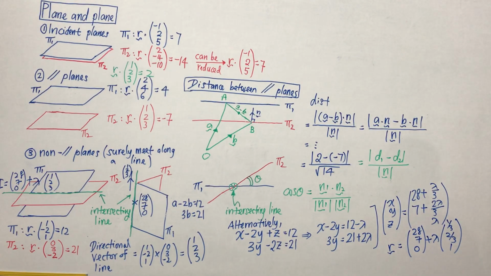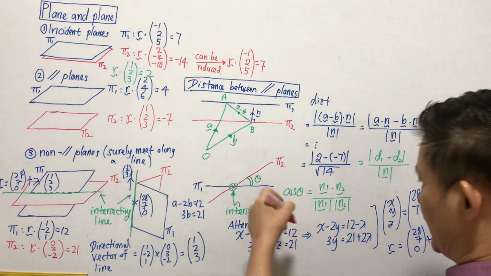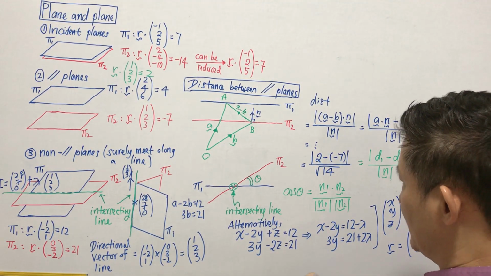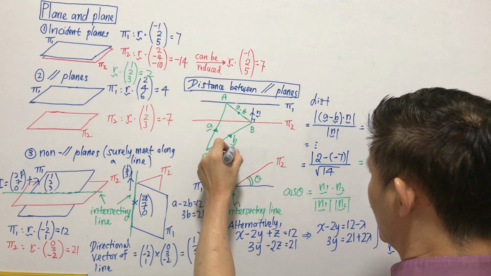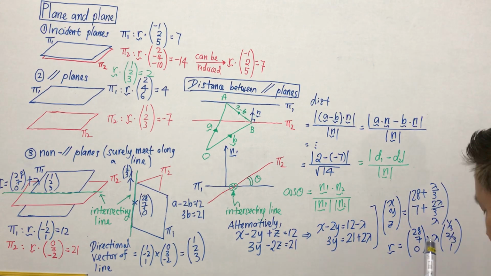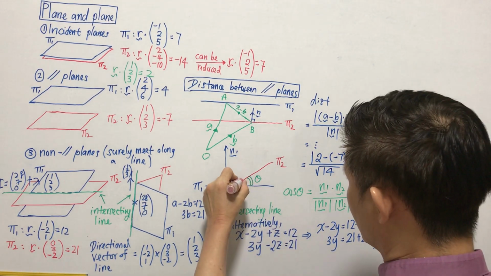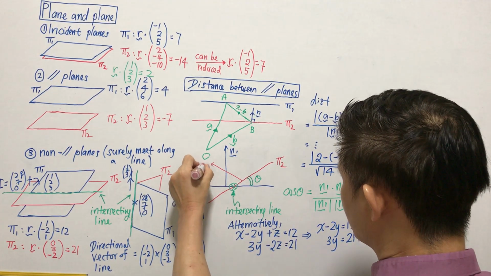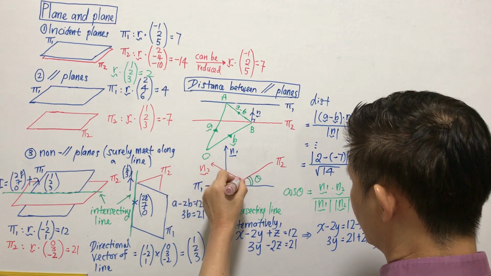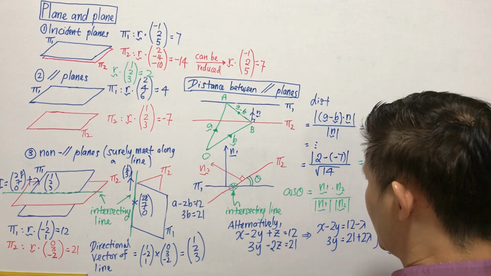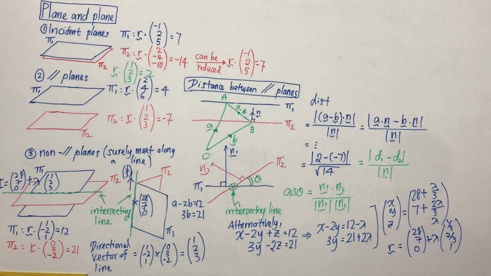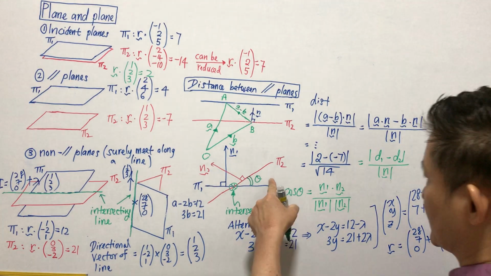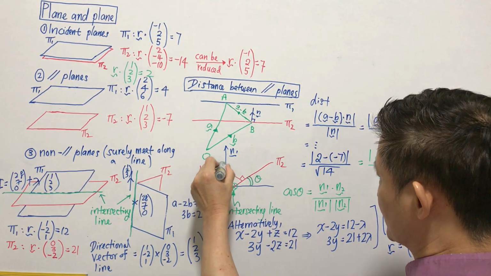For the plane pi 1, maybe its normal vector is like this, n1. For the plane pi 2, the normal vector is maybe like this. Using simple geometrical reasoning, you can immediately spot that if this angle is theta, then this angle is also theta.